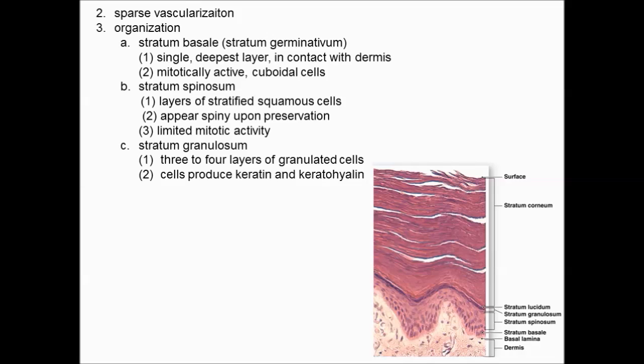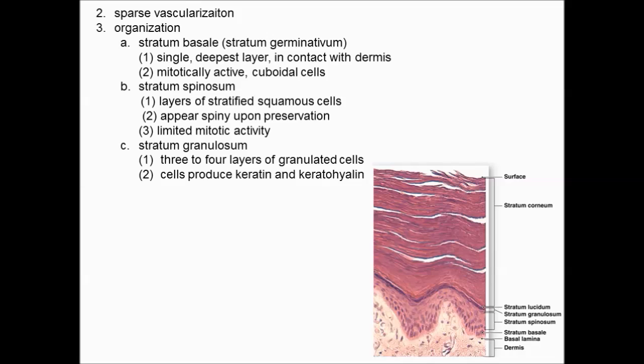Not so much mitotic activity, they're differentiating until the next level of cell. It becomes very active in producing the keratin. So the next level of cell is called the stratum granulosum, and it's named because under the microscope you can see all the little granules, and the granules contain the product of these keratinocytes, which we mentioned before, this protein called keratin.